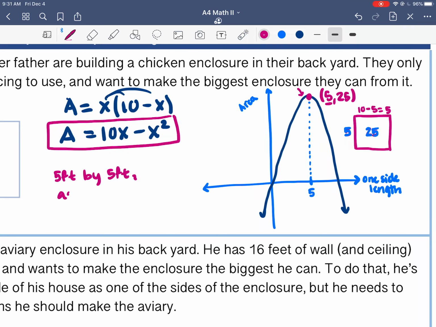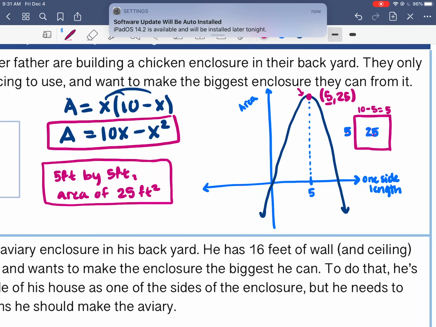And I'm also going to put that gives us an area of 25 square feet. So really all we're doing with optimizing is we're trying to find the vertex, and we're trying to interpret the vertex and what it means.